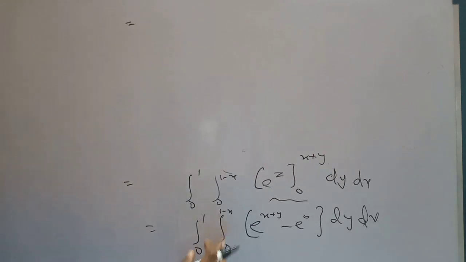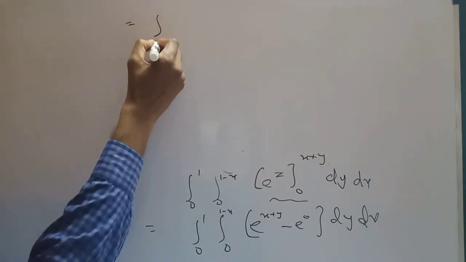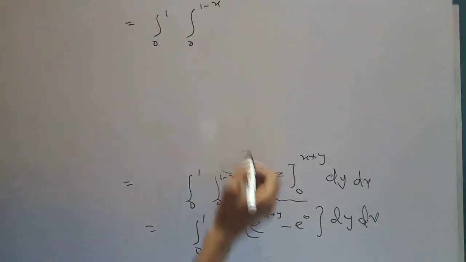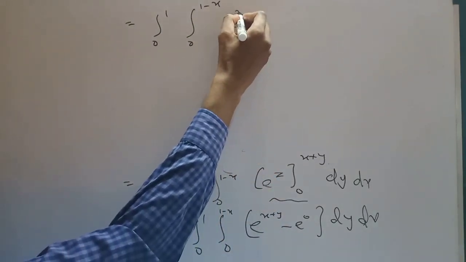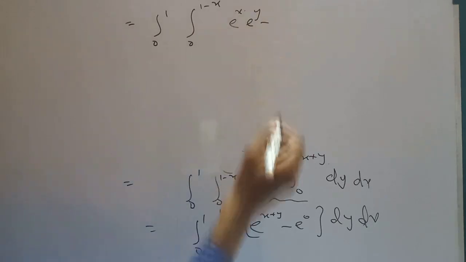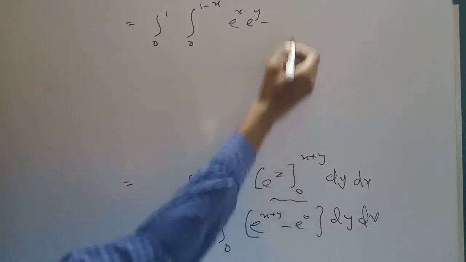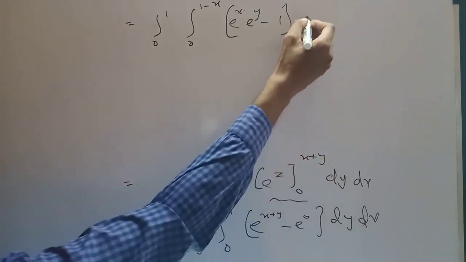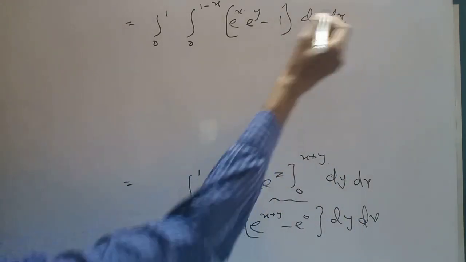Now simplify the double integral, 0 to 1, 0 to 1 minus x, of e power x into e power y minus 1, with respect to y, then x.